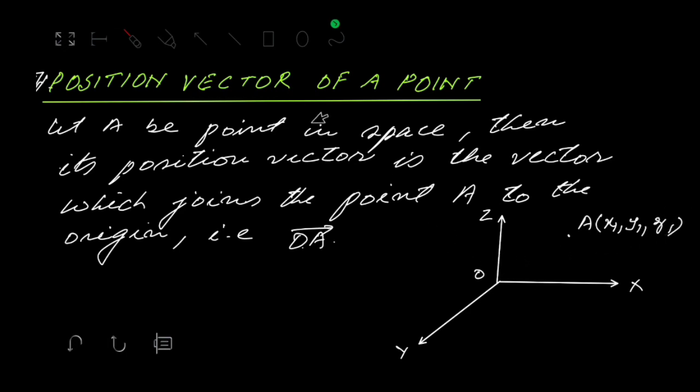So the vector joining O and A is said to be the position vector of A, which is denoted by OA vector, and that is given by OA is equal to x1 i cap plus y1 j cap plus z1 k cap.